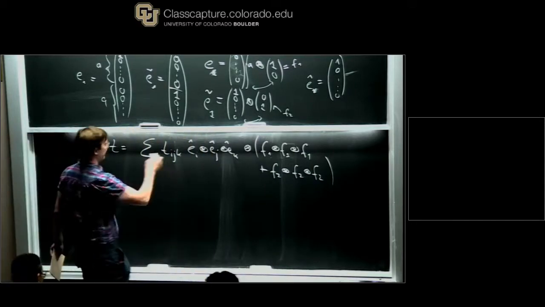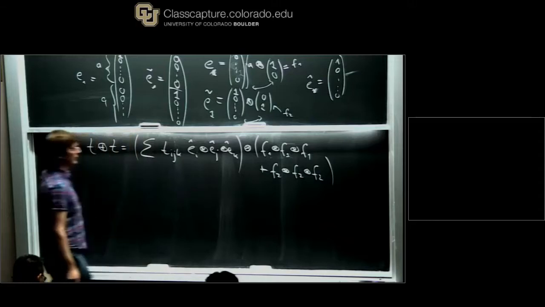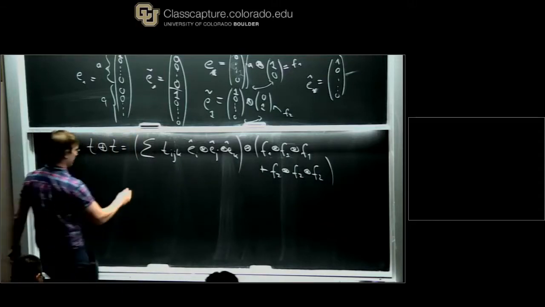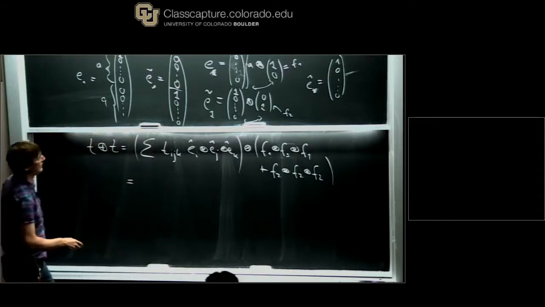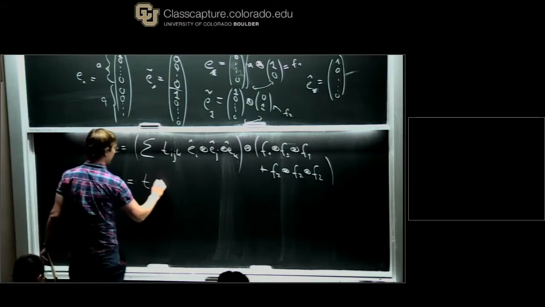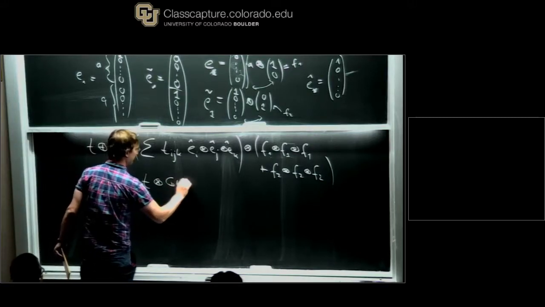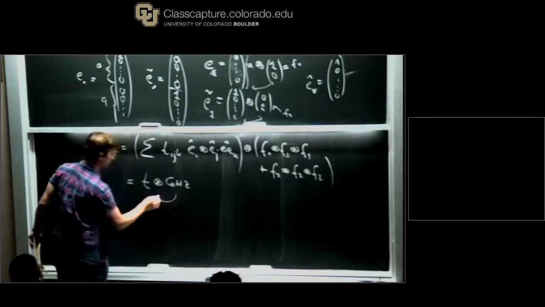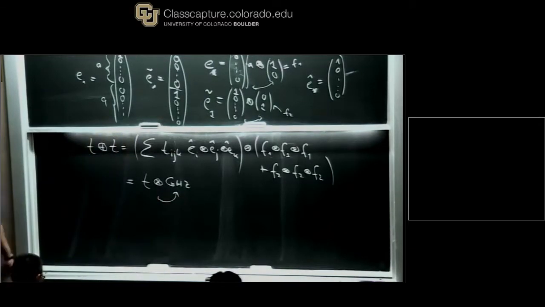And this one is independent of the Tijk, so I just make a bracket, and then you see that's the same as T tensor GHZ, or if you want to change convention a little bit, you can swap them around.